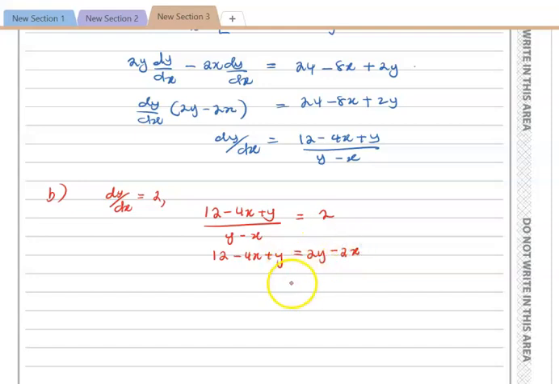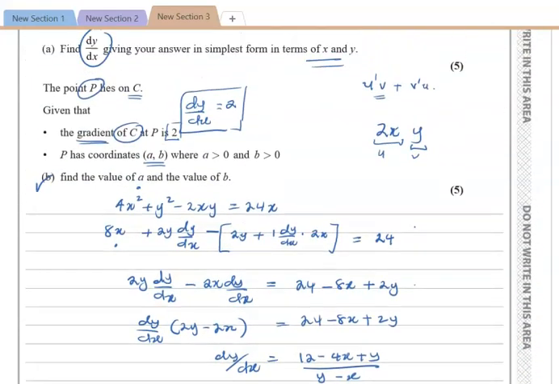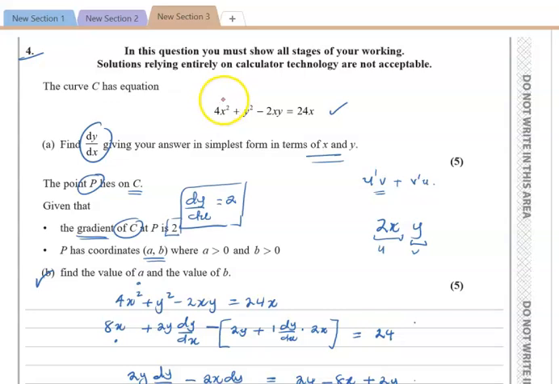Collect like terms, so I'm going to put the y here. Here I have y minus 2y, so I have y there. The 2x goes to the other side, so I have 12 minus 2x. Now you're going to get this equation. I call it equation 2. And we are going to substitute it into our first equation, because this is the equation for x and y. So you have two simultaneous equations.